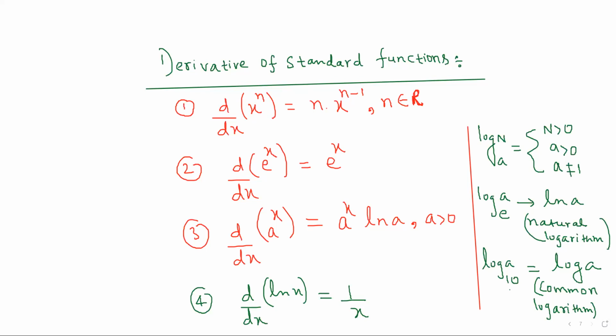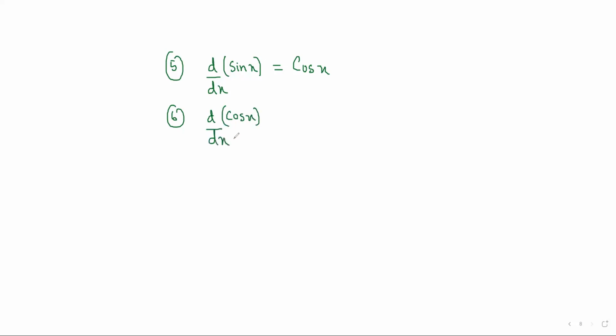Fifth one is differentiation of sin x is equal to cos x. Differentiation of cos x is equal to minus sin x.